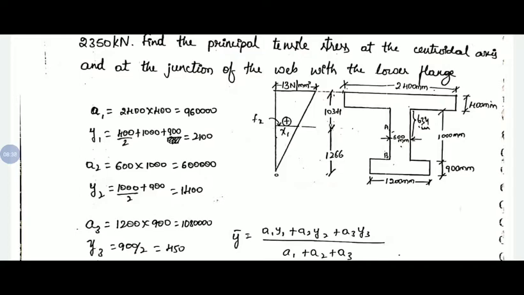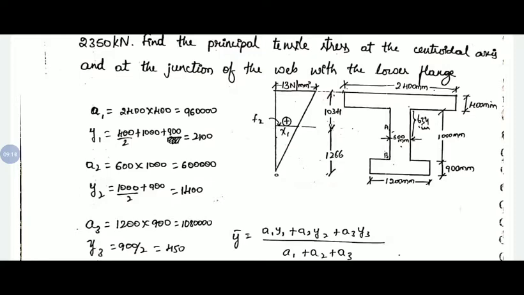If we want to find the stress at the centroidal axis, it means the portion of the section which is above the centroidal axis, that area we need to consider. The total depth of the member is 400 plus 1000 plus 900, which is 2300.